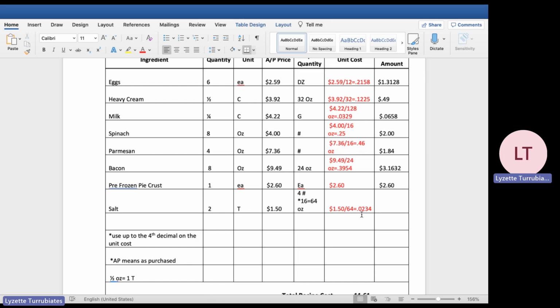We don't really need to multiply anything, because if it was 4 tablespoons, then maybe we would need to do times 2, right? Because we're adding more salt to the recipe. But because 1 tablespoon equals half of an ounce, and we measure to an ounce, we need to make sure that we have the correct measurement. So this is just going to carry over 0.0234.